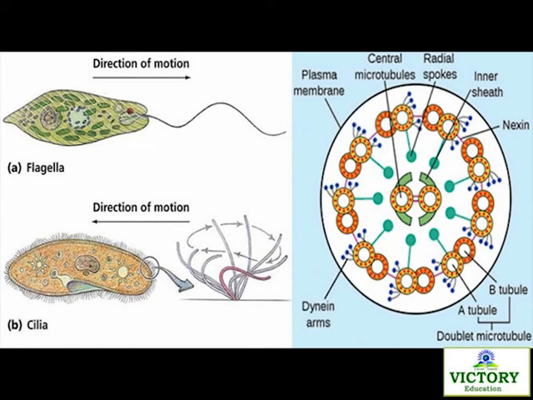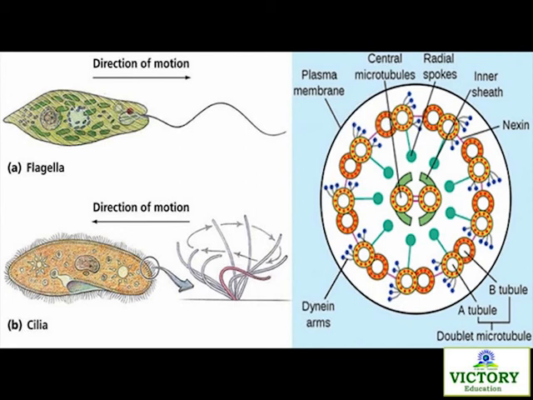Now we're going to see the inner side, a cross section of the cilia and flagella under a microscope. On your right hand side, you can see a diagram which explains the cross section of a cilia or a flagella. Both remain almost the same. You can see 2 circles exactly at the center of the flagella or cilia.